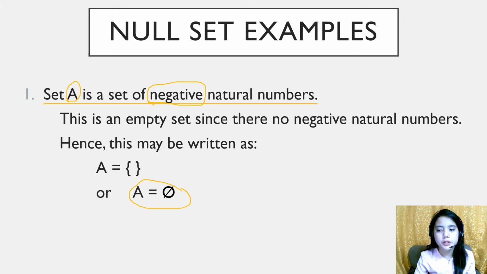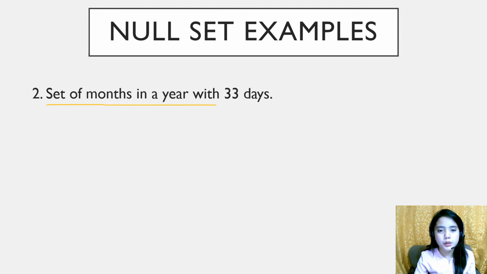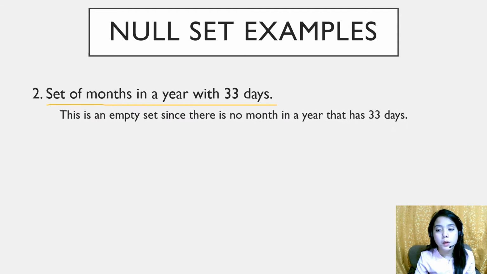Okay? Number 2. Set of months in a year with 33 days. Okay, what are the elements of that set? None. Because there is no month in a year that has 33 days.